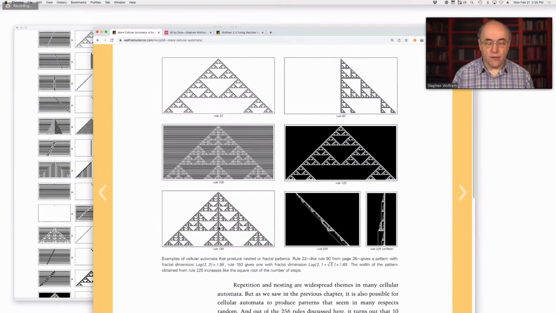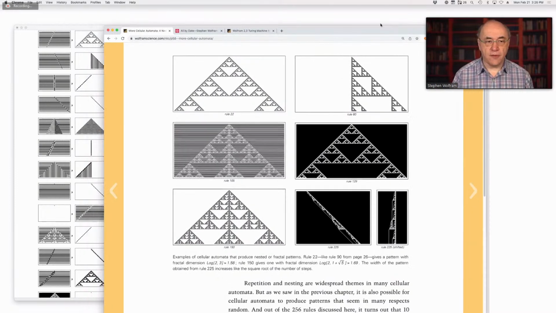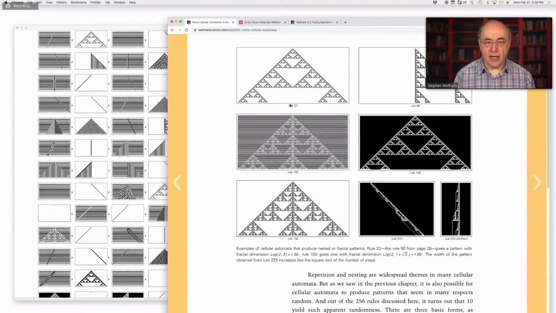One of them is rule 150. Rule 150 is what you get by taking not the binomial coefficients mod 2, but the trinomial coefficients. That's the expansion of (1 plus x plus x squared) to the power n. The coefficients there are the trinomial coefficients, and those mod 2 produce this pattern here. This pattern has a kind of double nesting.